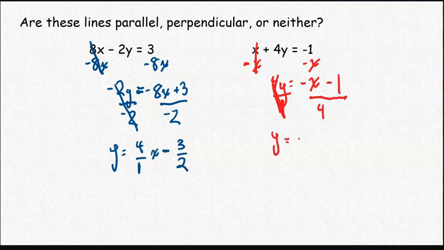So I could write it this way, which is really helpful when it comes to determining if these lines are parallel or perpendicular or neither. Again, just as I mentioned before, I don't really worry about the y-intercept, so I'm just going to leave it as a fraction. It's not like I'm graphing this anyway.